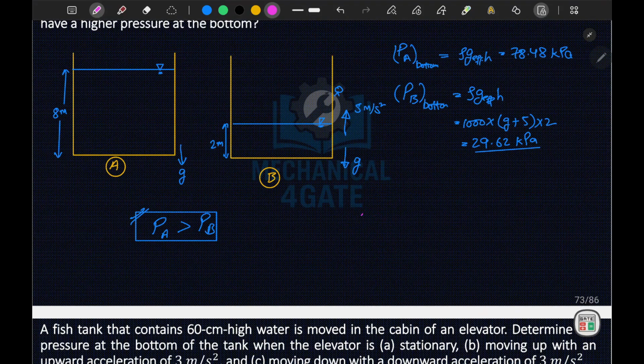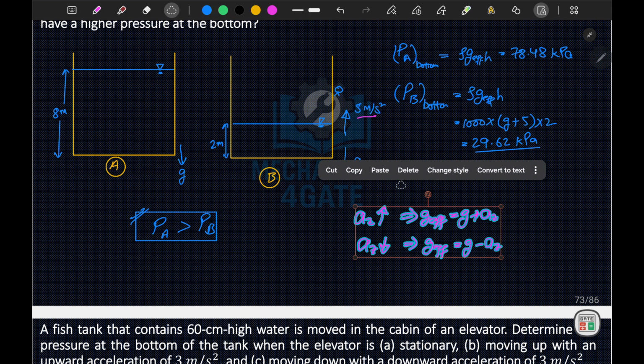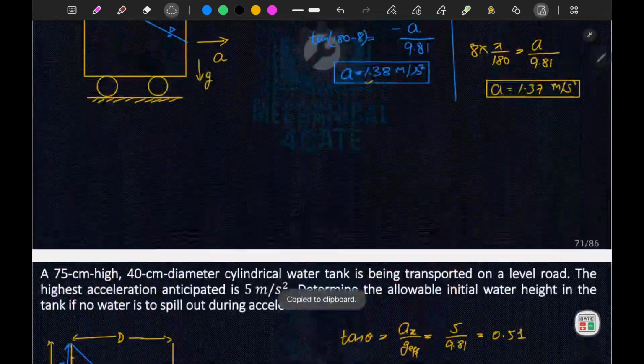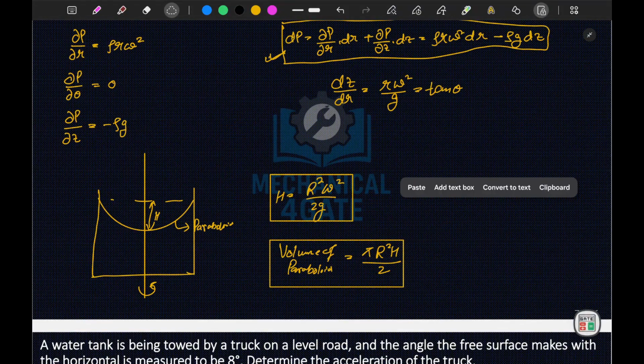So if your acceleration az is in the upward direction, in that case g effective is equal to g plus az, and if az is in the downward direction, g effective will become g minus az. Okay, so let me move it to the theory portion here. Let me paste it here.